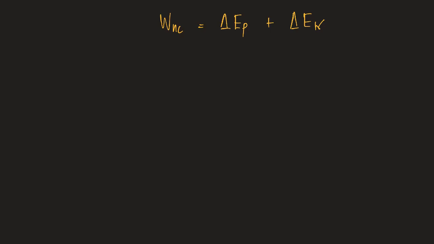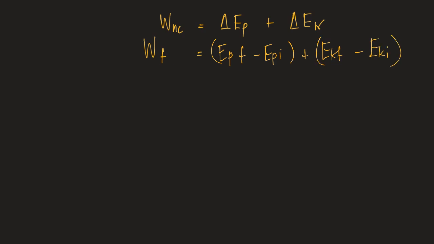I now have work done by friction is equal to, I have EP final minus EP initial plus EK final minus EK initial. Of this information, let's just look at what we do have and what we don't have.